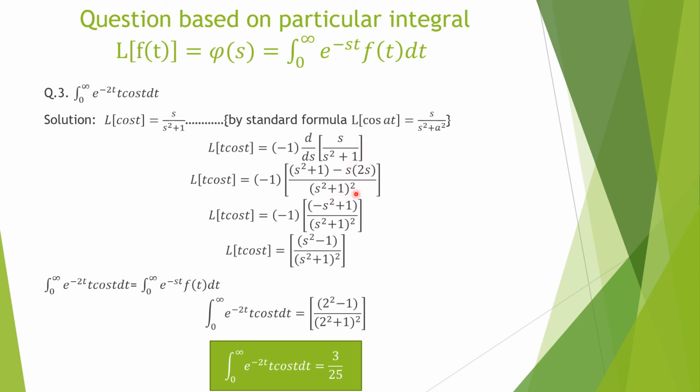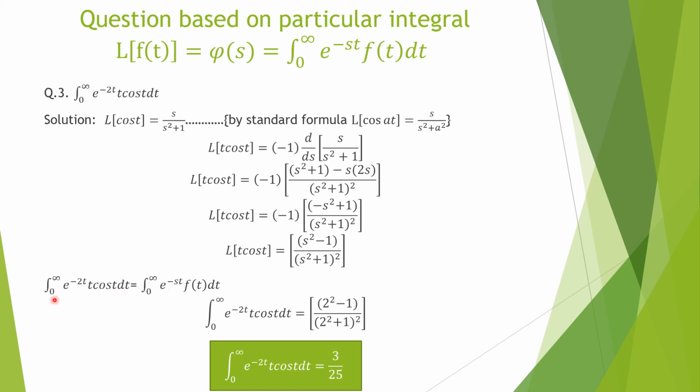So v square, v is constant, differentiation of u, that is 1, minus u is constant, differentiation of v, that is 2s. We solve this part and we will get minus s square minus 1 divided by s square plus 1 the whole square. Okay, so the Laplace transformation of t cos t will be this.